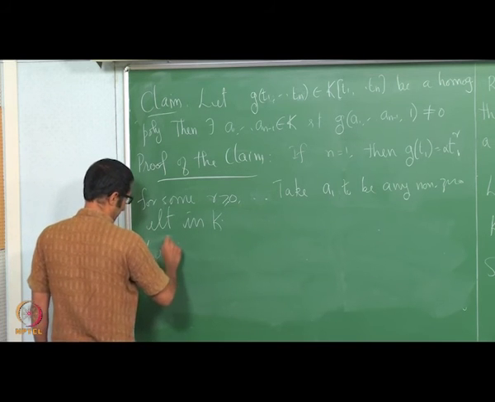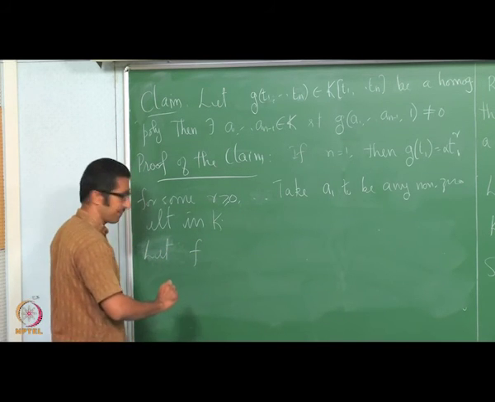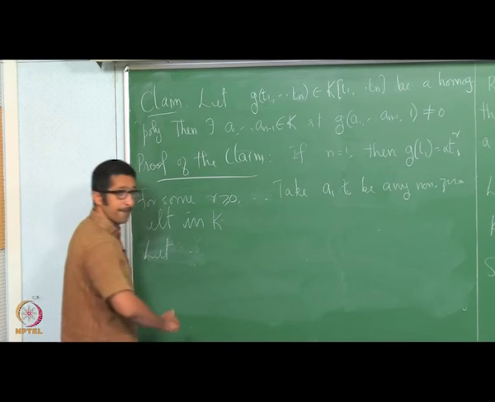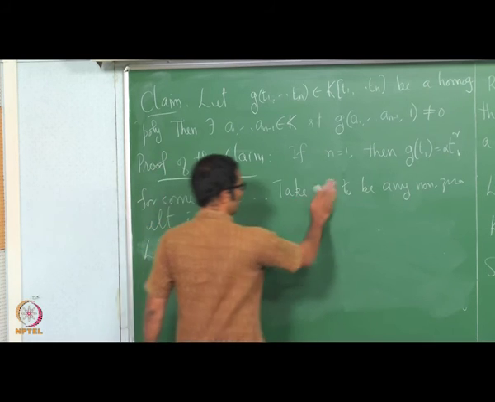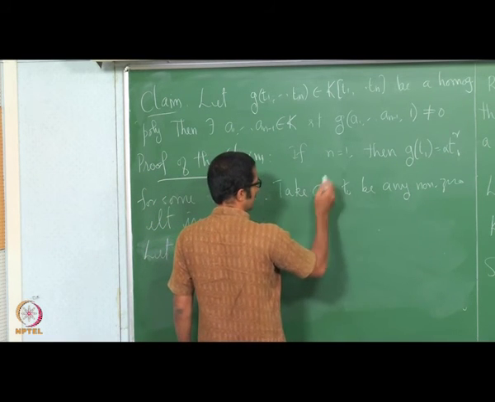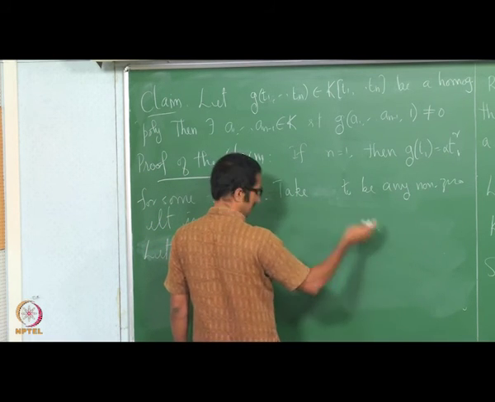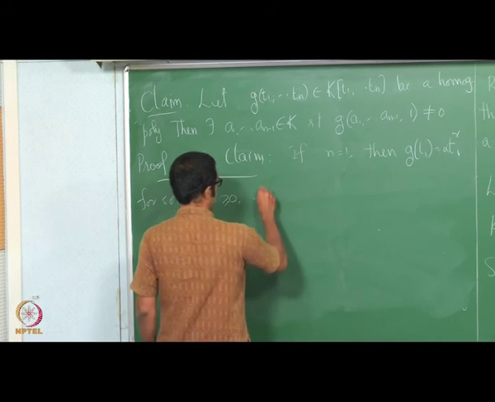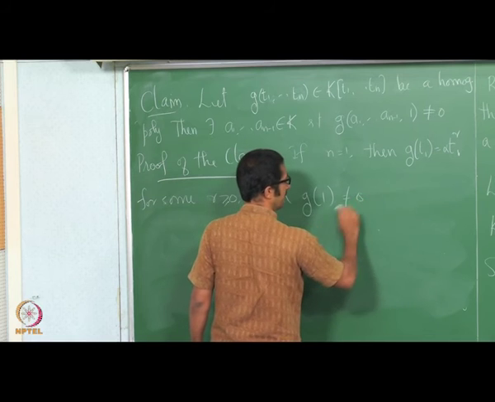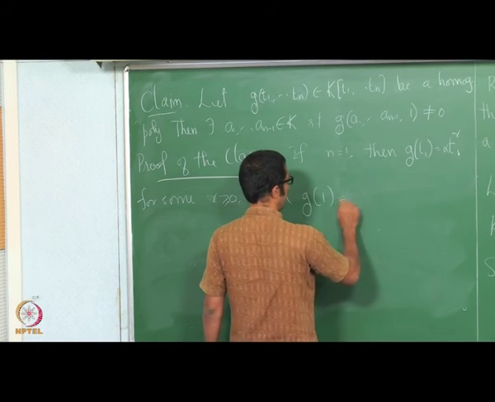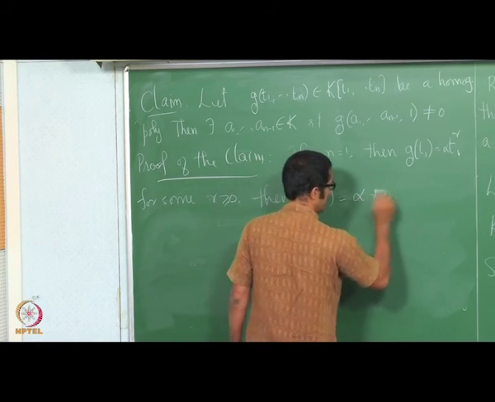So, let g be such that g of 1 is non-zero, g of 1 is alpha, which is non-zero.